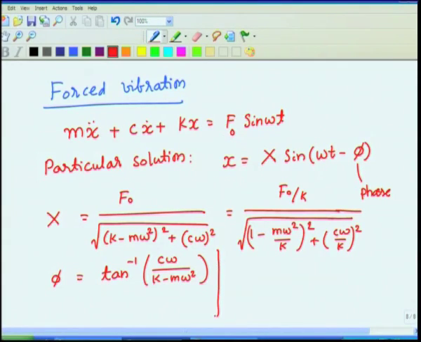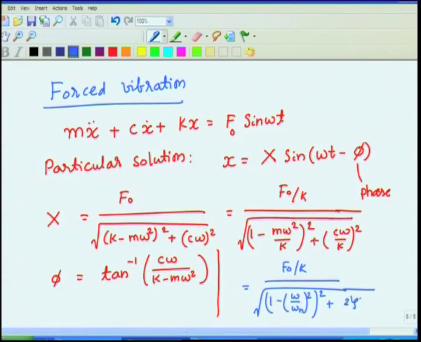The reason we do this is to see a pattern in this: f naught over k divided by square root of, k over m was omega n square. So, we get (1 minus (omega by omega n) square) whole square plus, this portion turns out to be, (2 zeta omega by omega n) whole square.